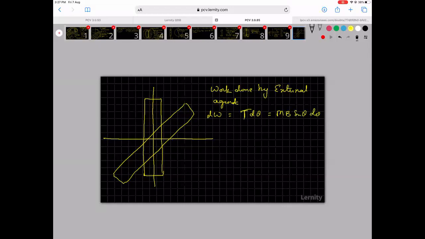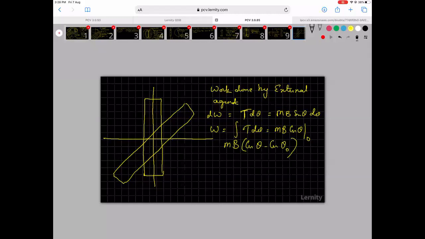Now when you complete that integral, the total work done will become integral T d theta. Everything is the same, we're just copying from electrostatics. So that will become MB cos theta within limits theta to theta 0. When you substitute, you get MB into cos theta minus cos theta 0.